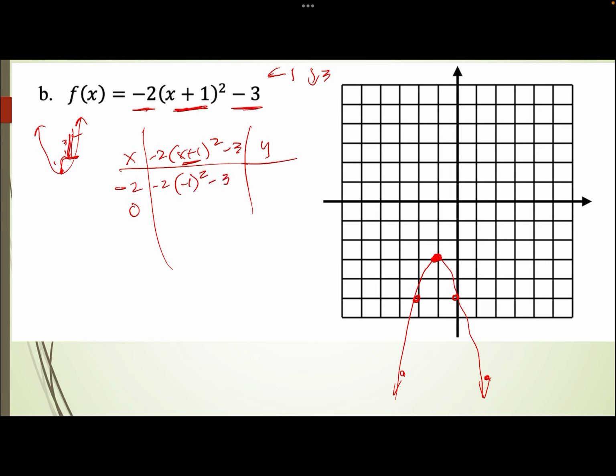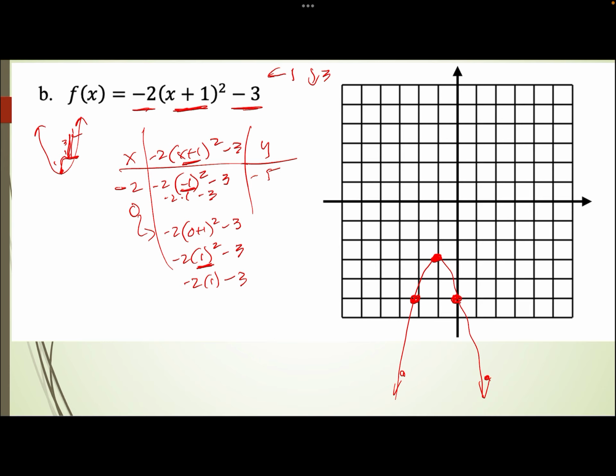So that gives me negative 2 times 1 minus 3, which gives me negative 5, which is what I got right here. And then if I put 0 in, I get negative 2 times 0 plus 1 squared, which is negative 2 times 1 squared. See, the 1 squared and the negative 1 squared give me the same thing. And that's why these points are the same and they reflect on each other.